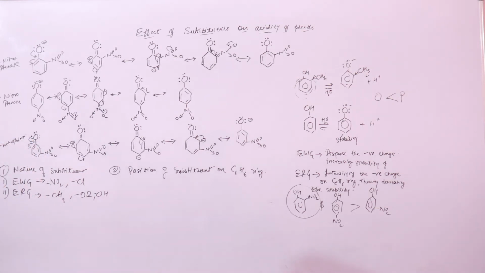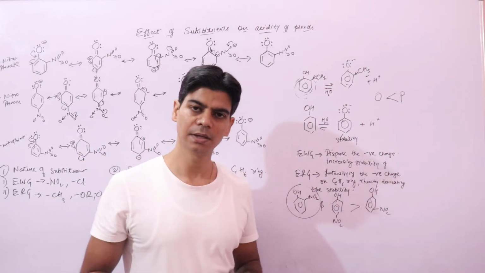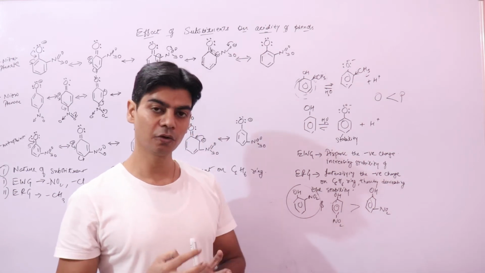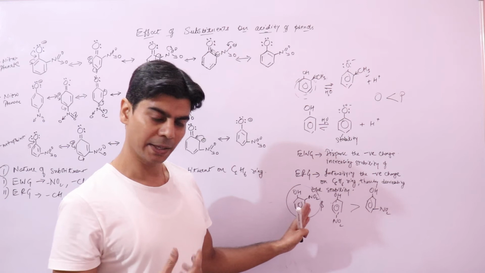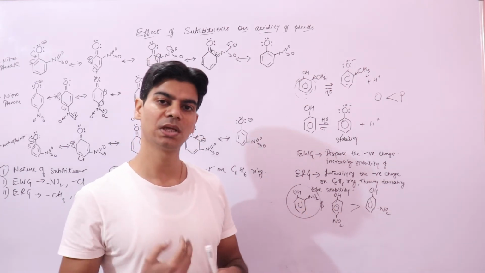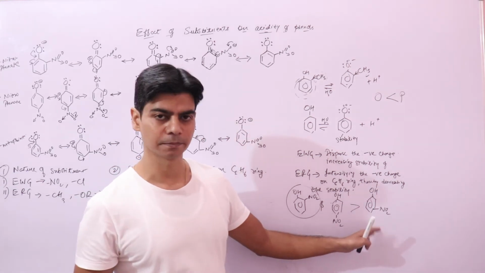One thing is clear: when we say that meta is less acidic, that means the electron withdrawing ability of meta is less due to something. And in these two cases it is more, because these two will be able to stabilize the nitrophenate ion to a greater extent compared to meta.